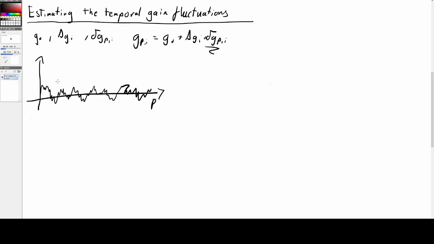And what we have here is that the fluctuations are varying much faster than what is physical. Typically the gain variances are smoother than this.